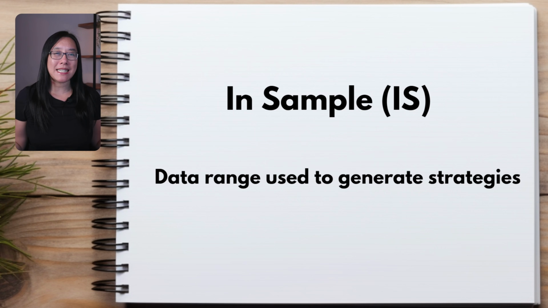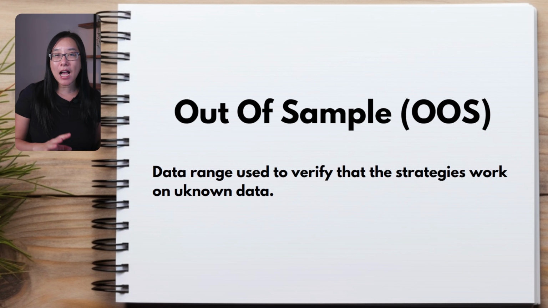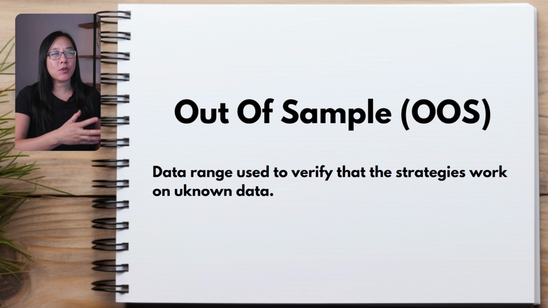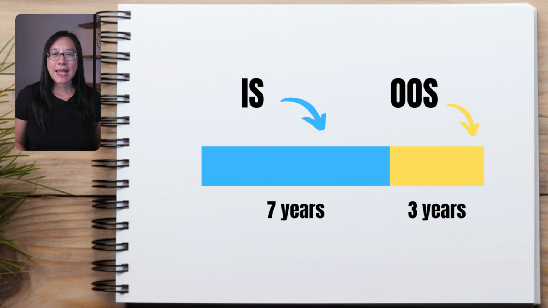First of all, what is in-sample? In-sample is pretty much the data range that you use to generate and develop your strategies with. And after you've developed your strategy, you take that system and you test it on data it's never seen before, otherwise called out-of-sample data. If you do a Google search on in-sample and out-of-sample data, this is generally what you'll see as an example.